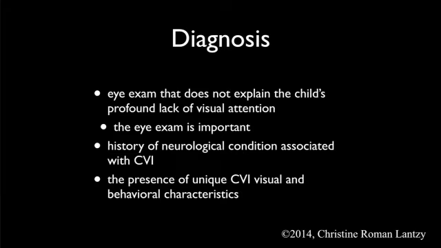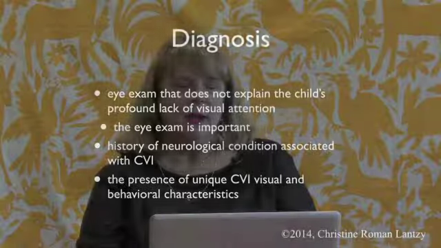Usually, the eye exam shows little effect to the eye, possibly strabismus, possibly some optic nerve damage, possibly a small refractive error, but it does not explain how the child is actually using their vision. It is important to have the eye exam, though. There is no question that the eye exam is an important element in this child's diagnostic portrait.